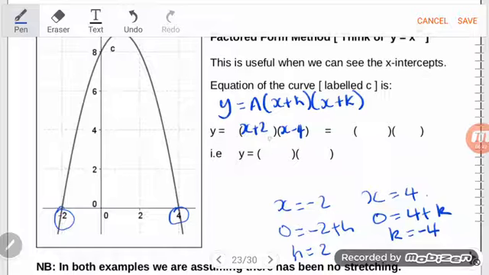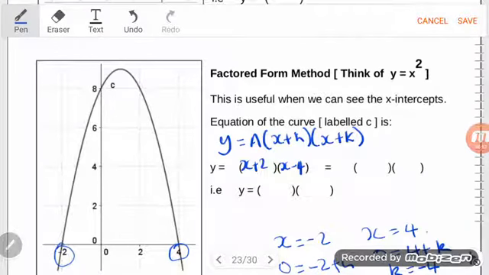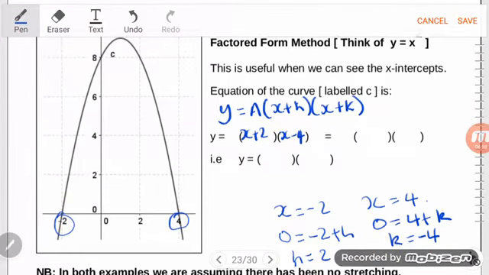Okay, now let's check. We have plus 2 times minus 4, which is -8. We've got positive 8 here. What do we have to multiply it by? So hk is equal to -8.